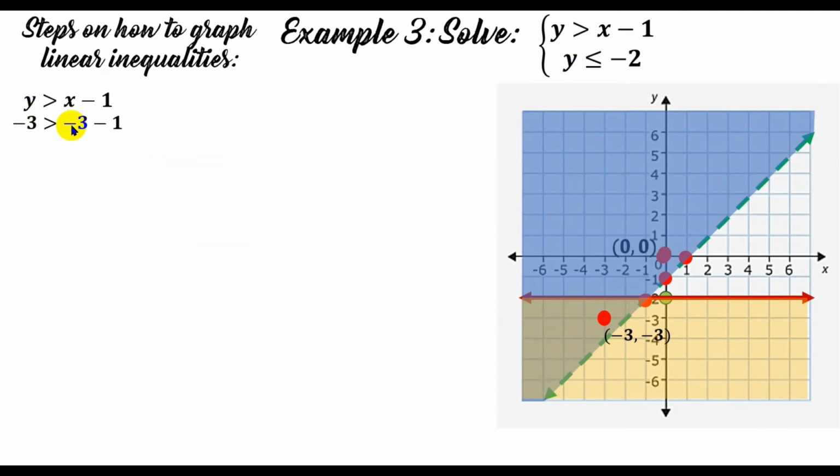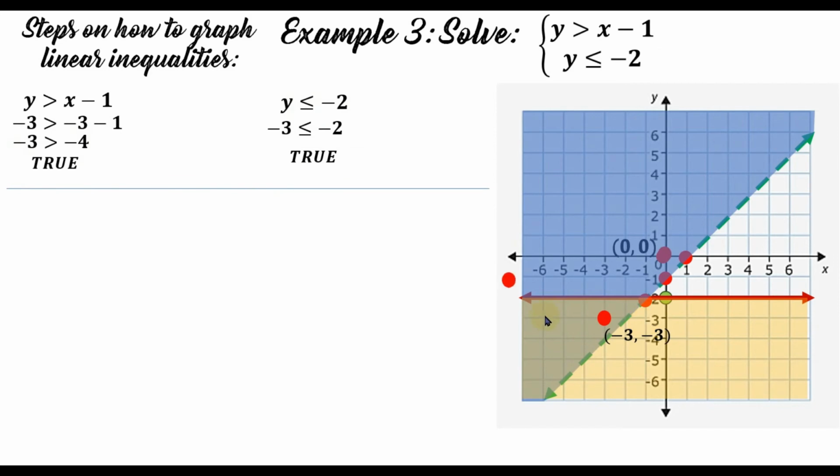Negative 3 ang y, negative 3 ang x. So, negative 3 minus 1, that is negative 3 plus negative 1, and that is negative 4. So, negative 3 is greater than negative 4, that is true. For the second linear inequality, y is less than or equal to negative 2. Again, ang y natin ay negative 3. And negative 3 is less than or equal to negative 2 is also true.